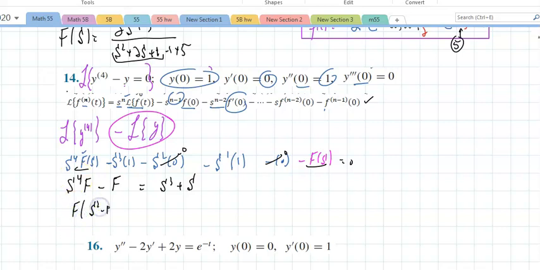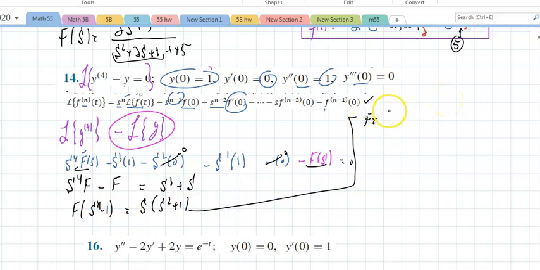That is s squared, s to the fourth minus 1 equal s into s squared plus 1. And if you divide both sides by s to the fourth minus 1, that's s squared plus 1 over s squared minus 1 into s squared plus 1. Those cancel out. F would be 1 over s squared minus 1.